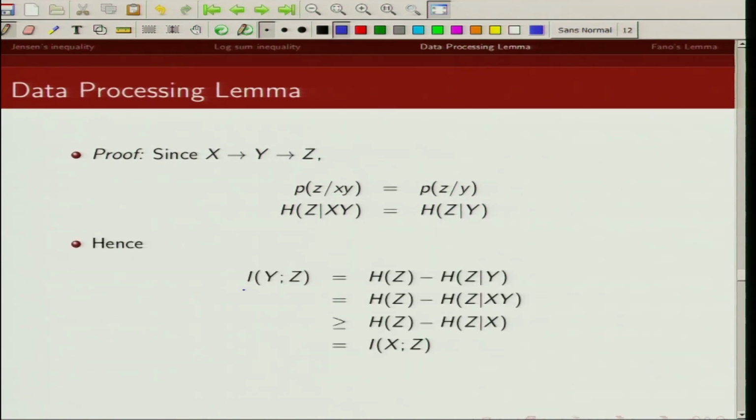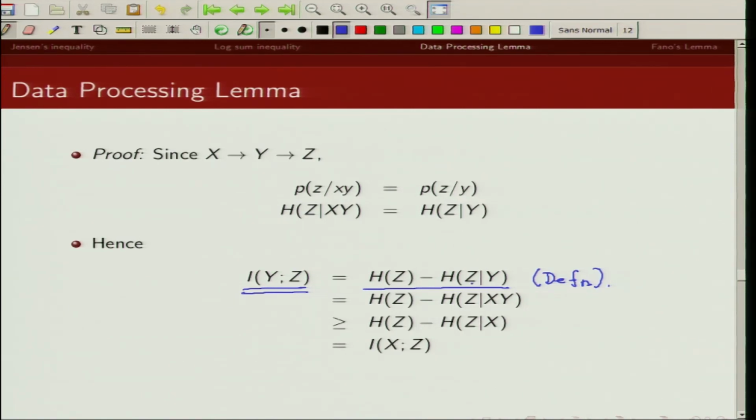So, let us write down the mutual information between y and z. Now, following the definition of mutual information, I can write it as h of z minus h of z given y.